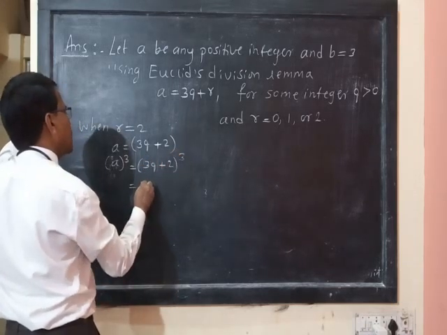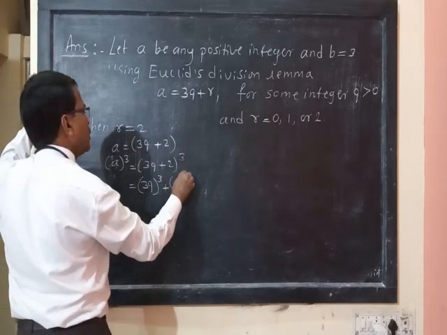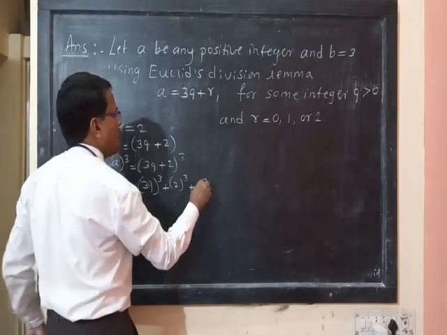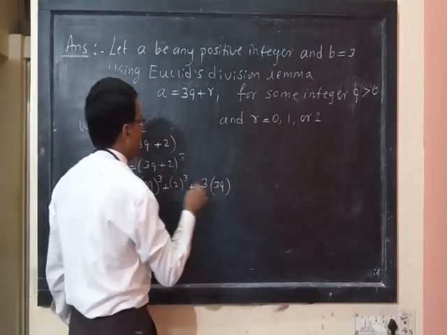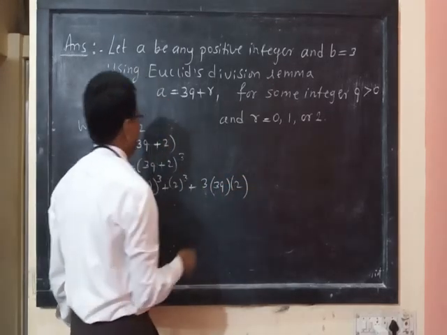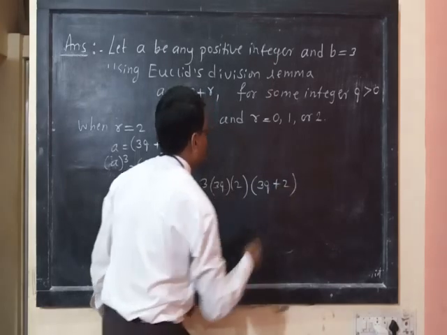This is equal to first term cube, (3q) cube, plus second term cube, plus 3 into first term into second term into (first term plus second term).